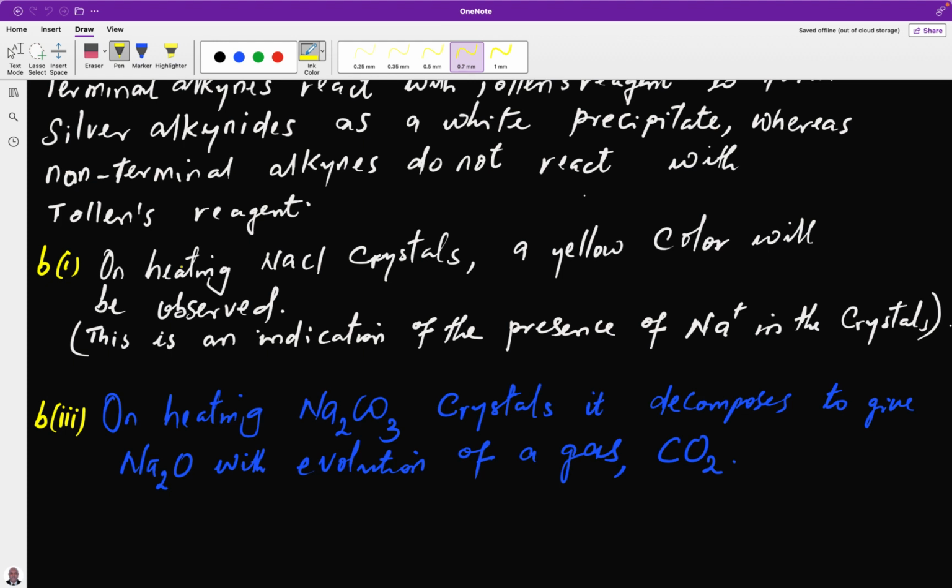This is an indication of the presence of sodium ion in the crystals. Once more, on heating sodium chloride crystals, a yellow color will be observed. That's what you are supposed to state. What I have written, this is an indication of the presence of sodium ion in the crystal, is not required. You can still write it, but it's not necessary. The examiner needs only your observation.